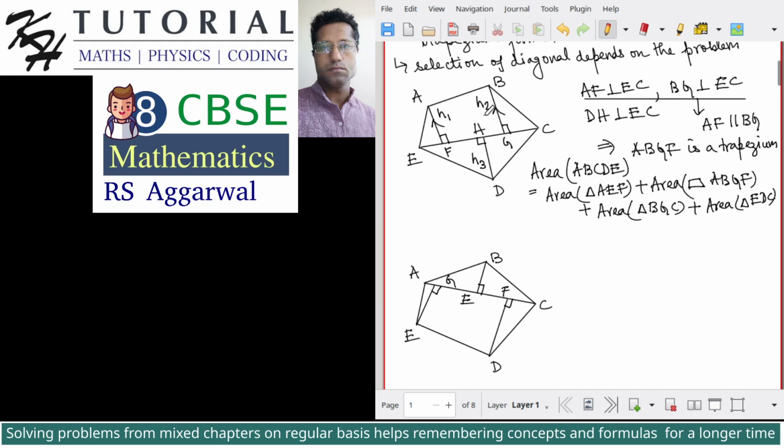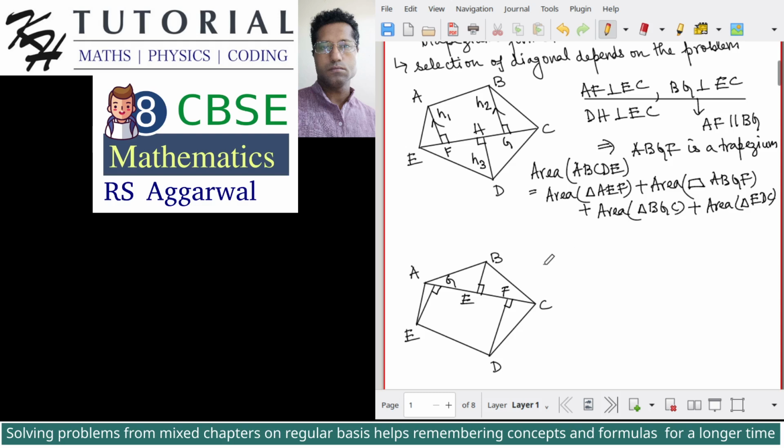But sometimes in some figure in the problem, the polygon could also be concave, that is, an interior angle of the polygon could be more than 180 degrees. So in those cases we have to wisely draw the diagonals and form triangles, trapeziums and rectangles so that we can easily find the area of the whole polygon.